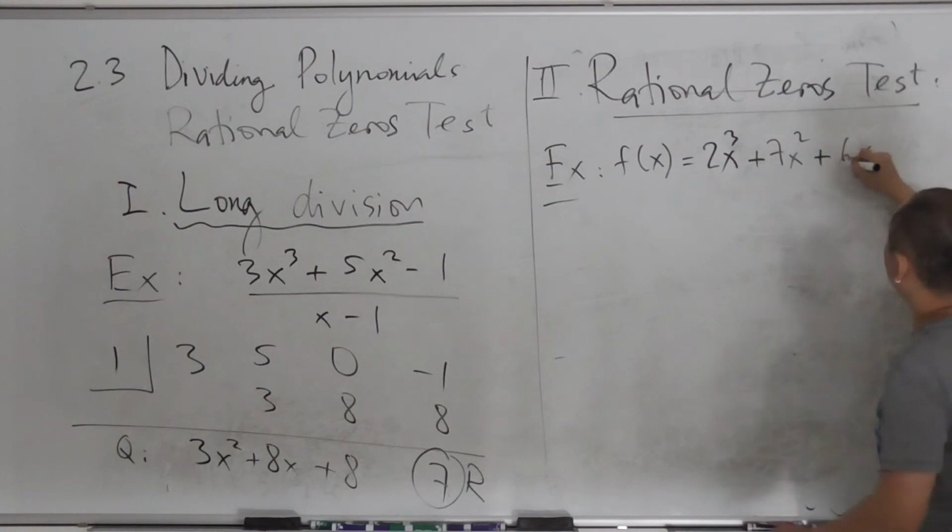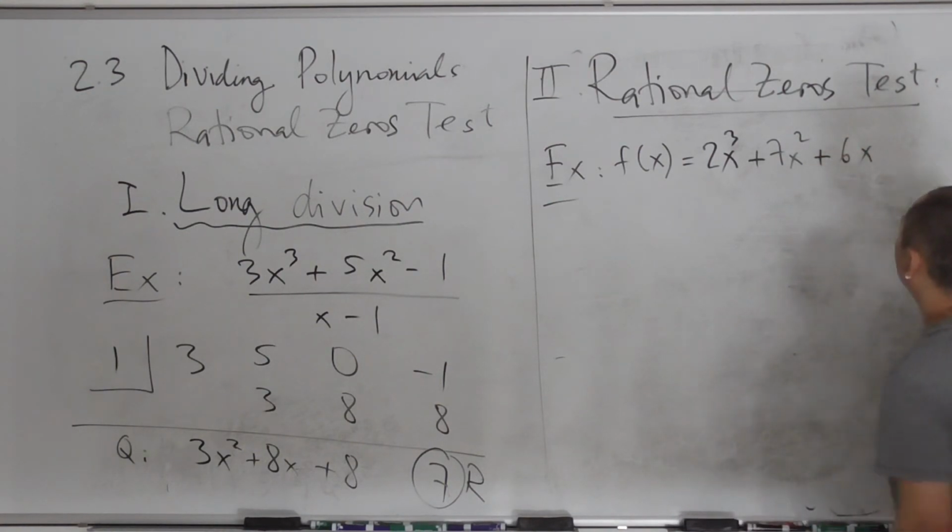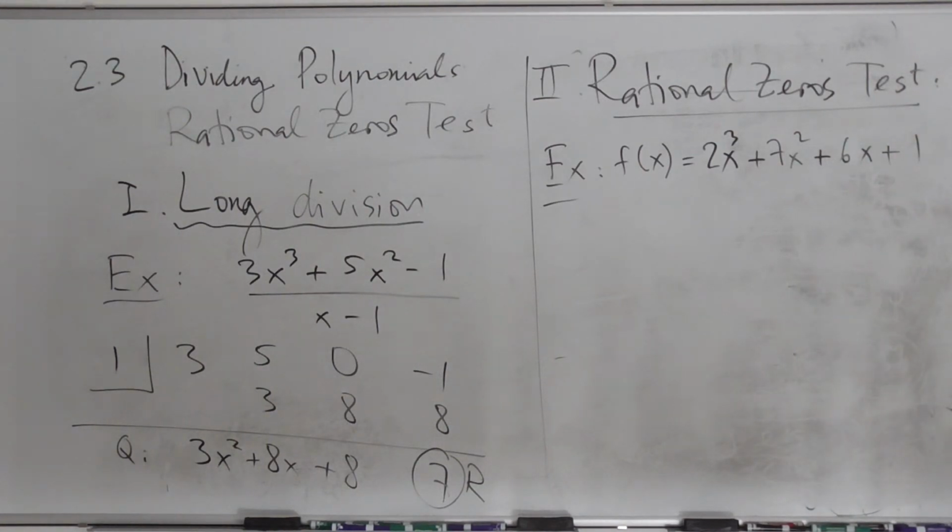How about plus 6x then? Okay, and then plus 1. You see, this is a polynomial of degree 3, leading coefficient 2, right? And we are interested in finding the zeros of this polynomial.